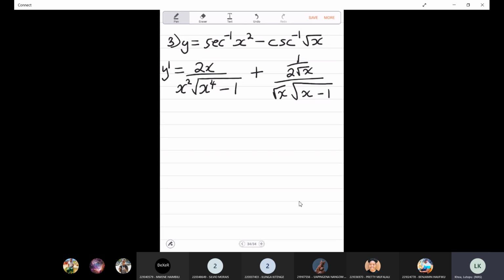Okay, then you try and write it in its simplest form. So we have y prime. This is 2 over x square root of x to the power of 4 minus 1. And then over here we have 1 over 2x square root of x minus 1.